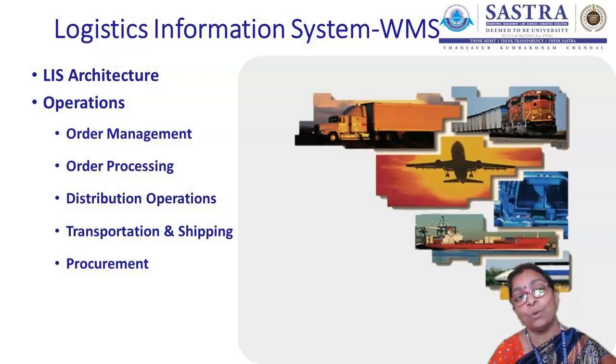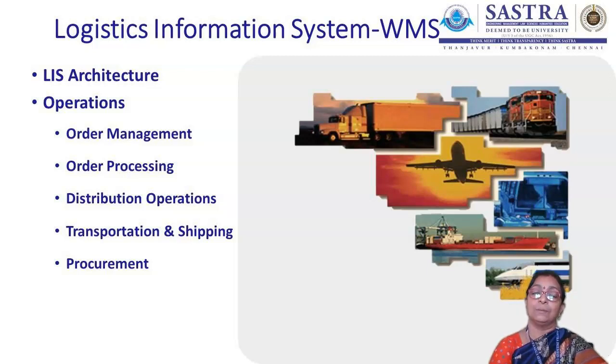They direct all the activities within the distribution center using batch and real-time assignments. So batch means the LIS develops a list of instructions or tasks to guide each material handler in the warehouse, right?